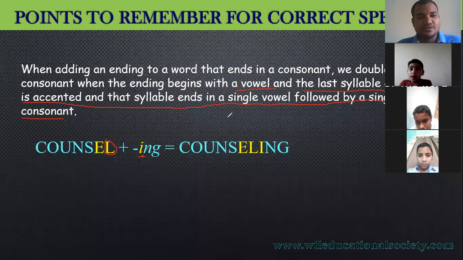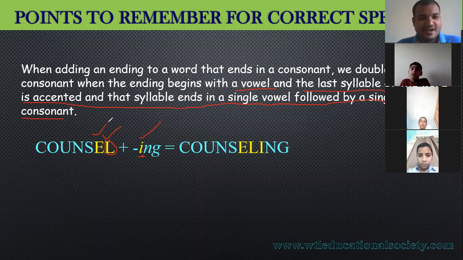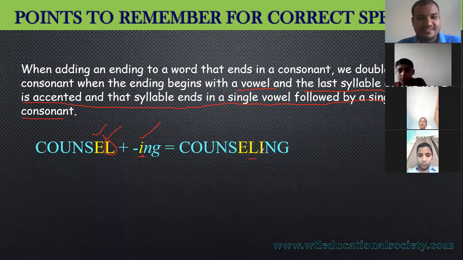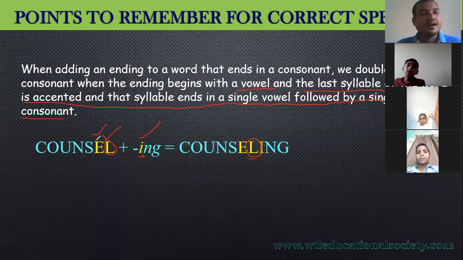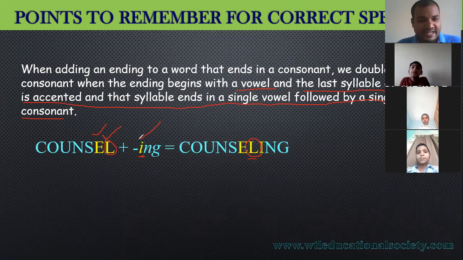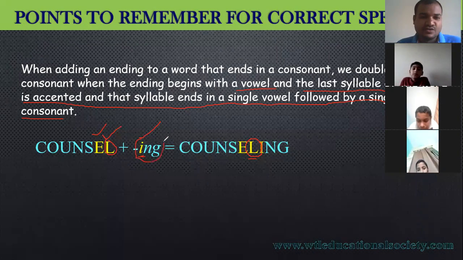It is the same concept, but there is a slight difference. Here, the word ending with L is preceded by the vowel E, and the word ending also starts with a vowel, I. In that case, what are we supposed to do?